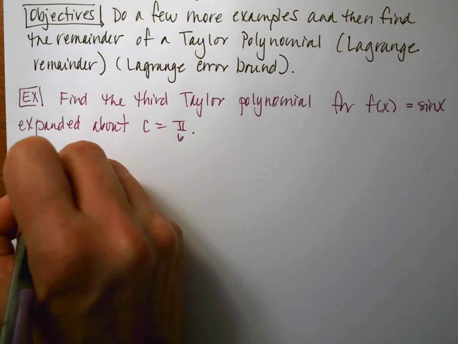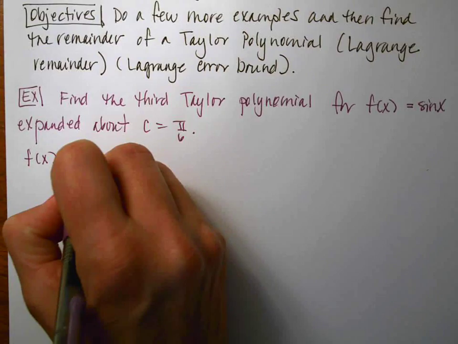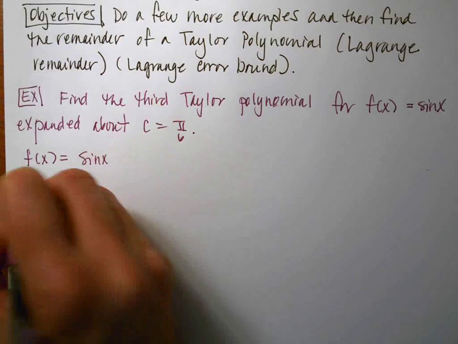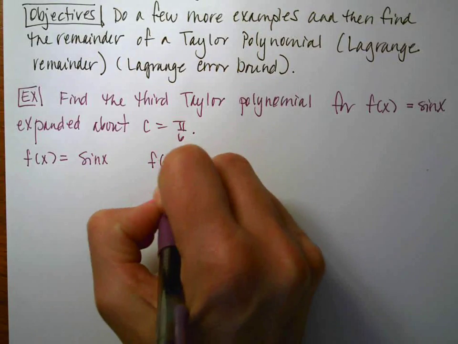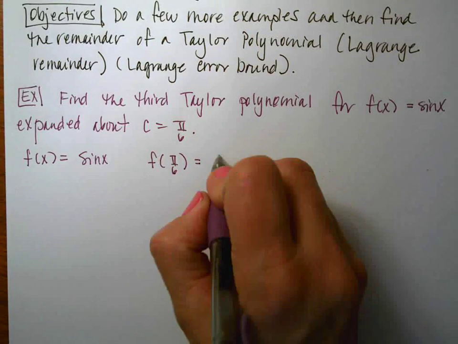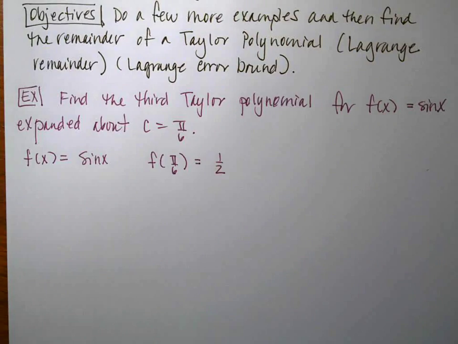Alrighty, so f of x is equal to the sine of x. I'm going to evaluate f of x at pi over 6, and I'm going to get a half. I'm assuming you remember all of our trig.